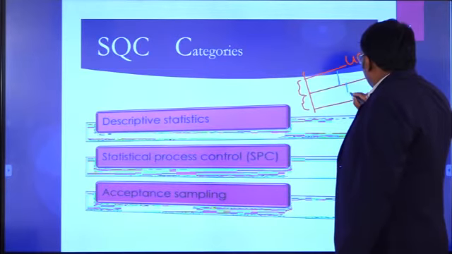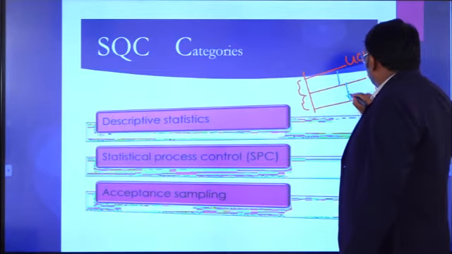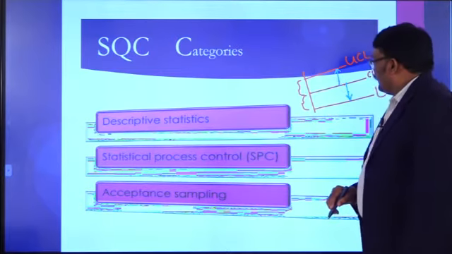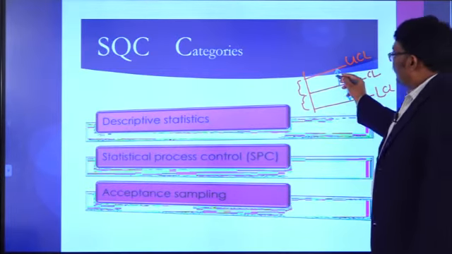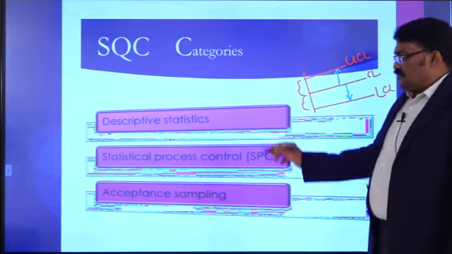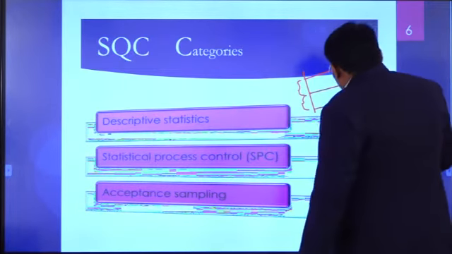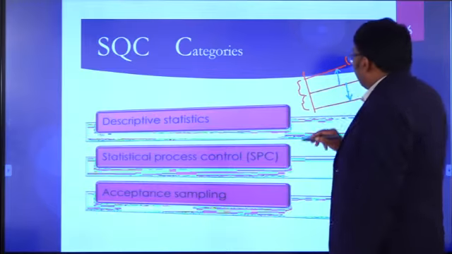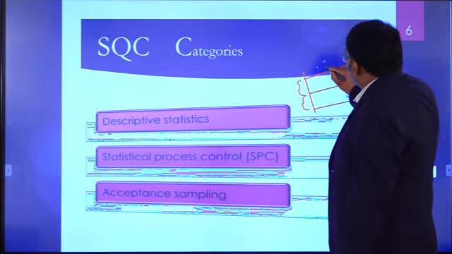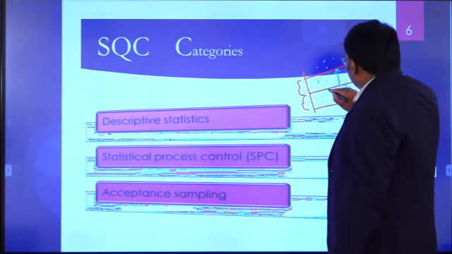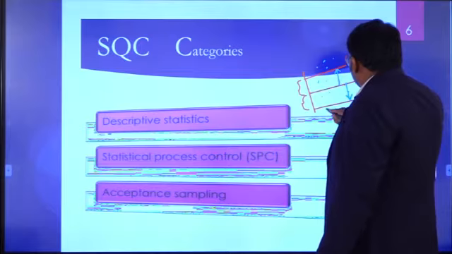So, whatever sample we have been selecting, now under the statistical process control, if a product lies anywhere in between this and this, right.